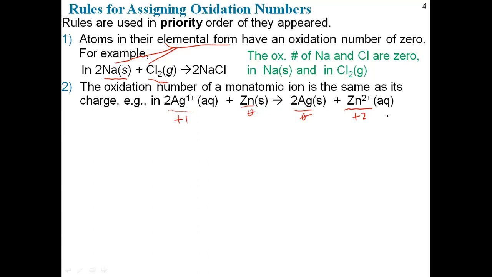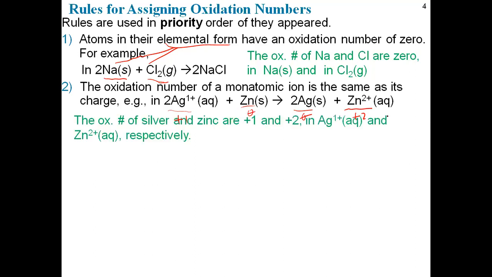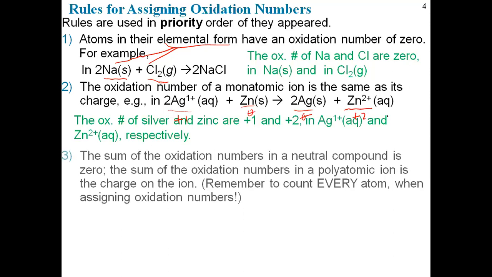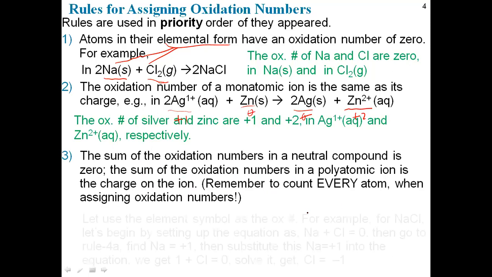Obviously this has limits because we have a lot of species that are not elements and not monatomic ions, so you go to the next rule. The sum of oxidation numbers in a neutral compound is 0. The sum of oxidation numbers in a polyatomic ion equals the charge on the ion. Remember, you count every atom when you assign the oxidation numbers.